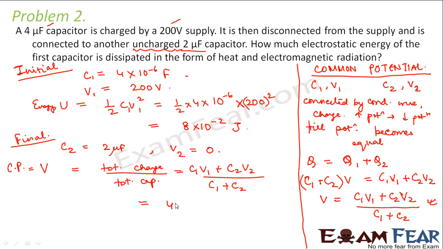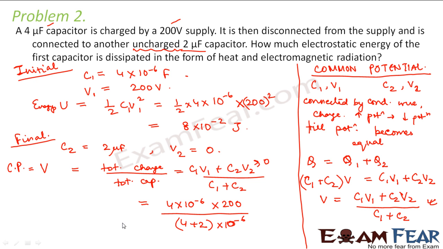Now C1 V1 we know, so let's put the values. This is C1, this is V1, V2 is equal to 0, so this entire term becomes 0, divided by C1 plus C2, that is 4 plus 2 into 10 to the power minus 6. So now this value comes out to be 800 divided by 6 volts. So the value of common potential comes out to be this value. So this is the value which they will attain.